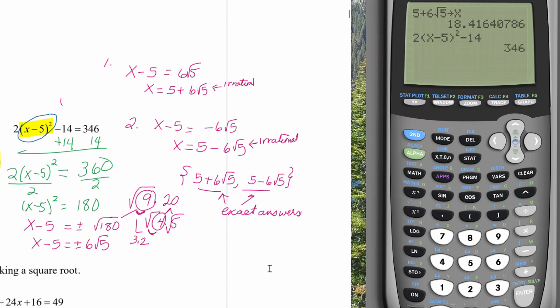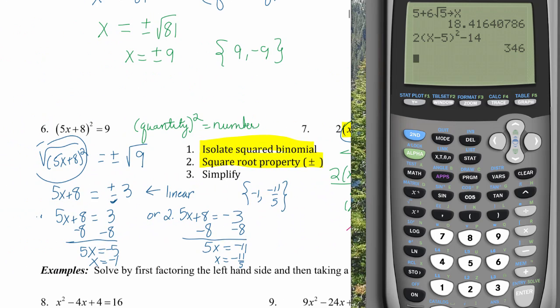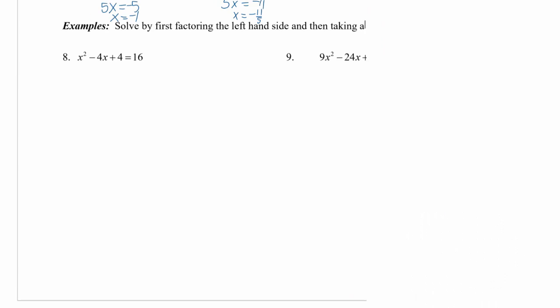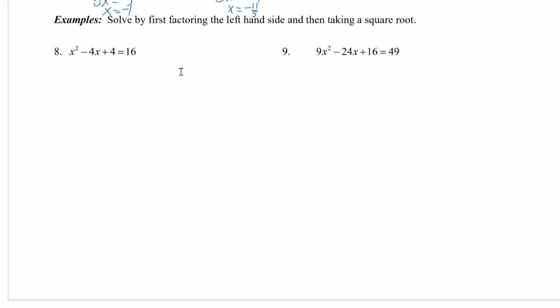They're a little bit different, so let's look at these next problems. This one says solve by first factoring the left-hand side and then taking square root or using square root property.